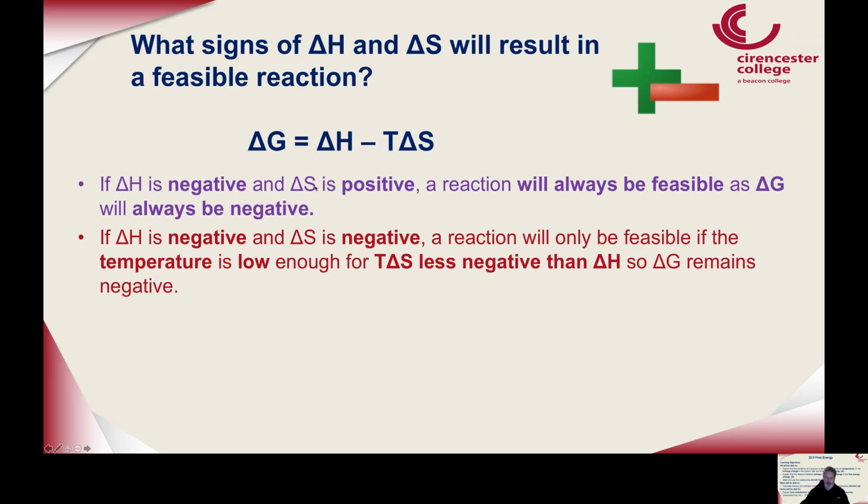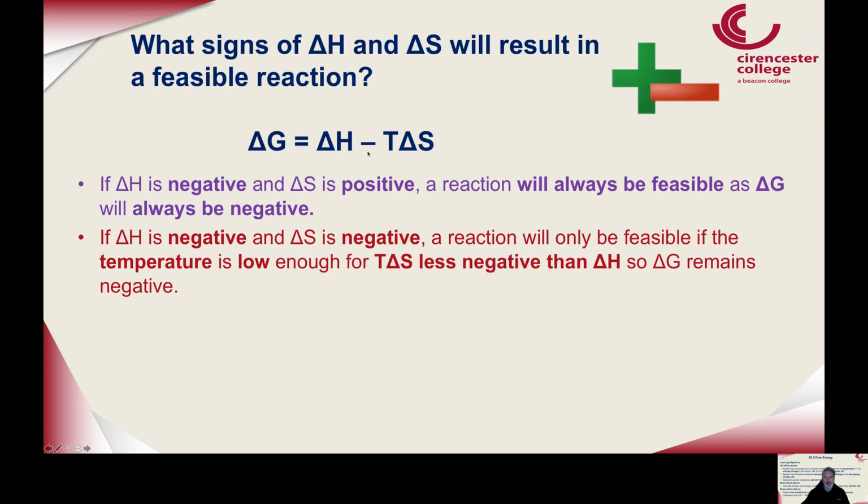So if we've got an increase in entropy in the chemicals, that delta S there is delta S system, and the enthalpy is negative as well, or exothermic, then the reaction is definitely feasible. If delta H is negative and delta S is negative, it's only going to be feasible if the magnitude of this negativeness is larger than the magnitude of this negative.